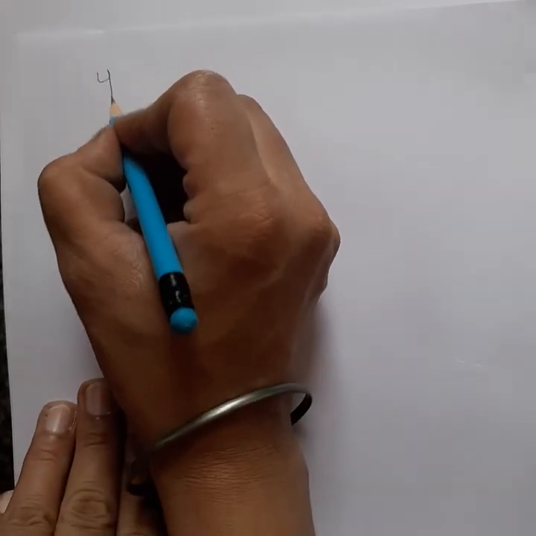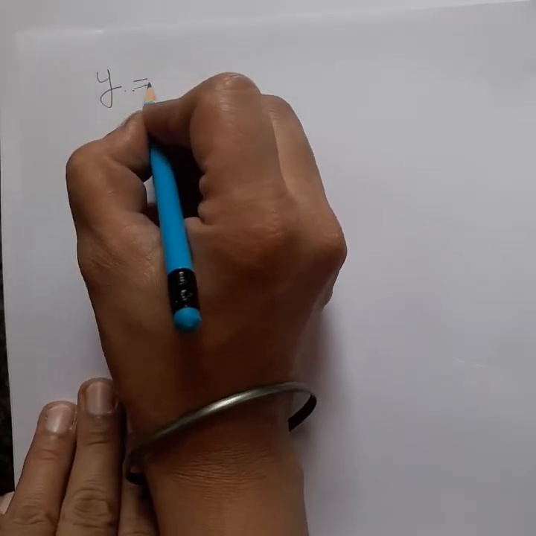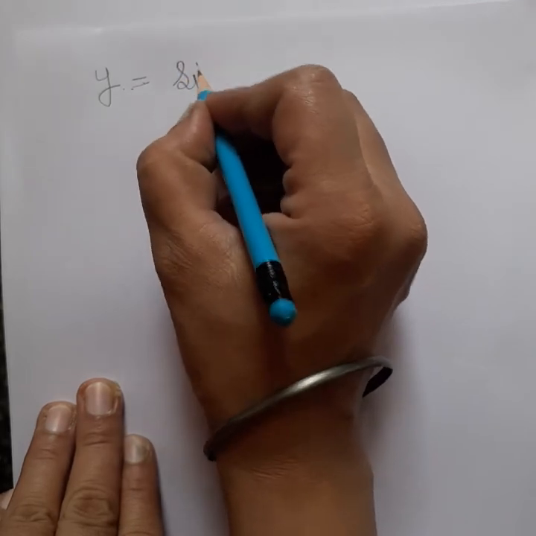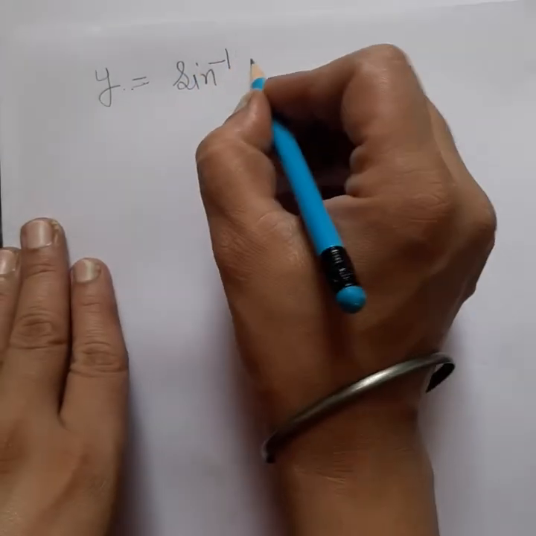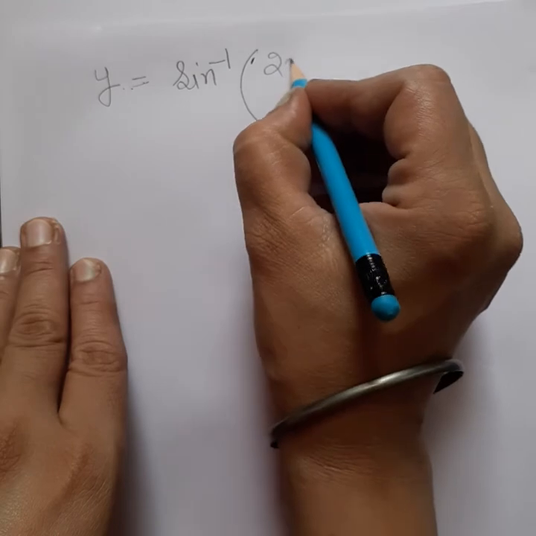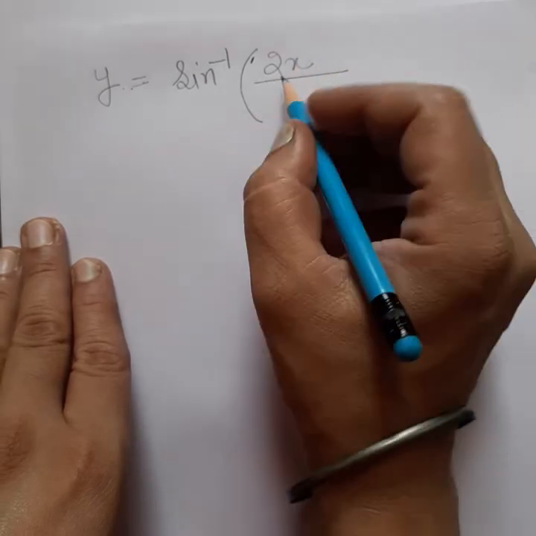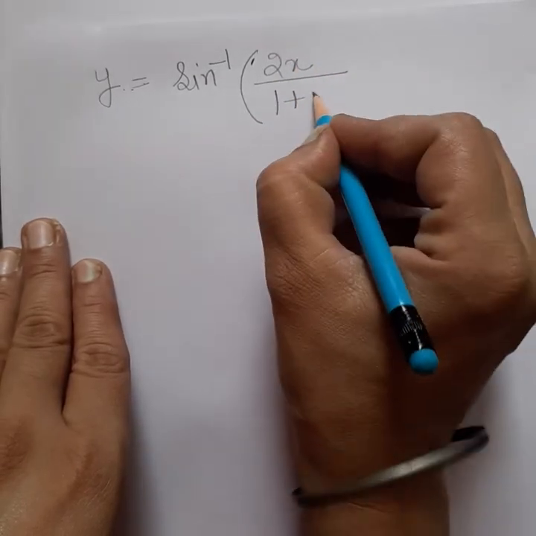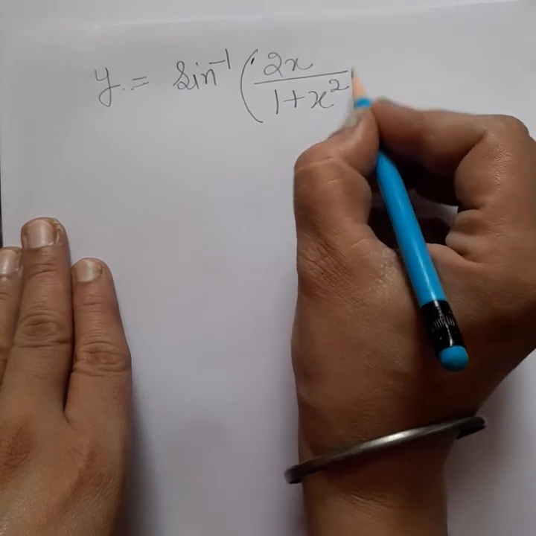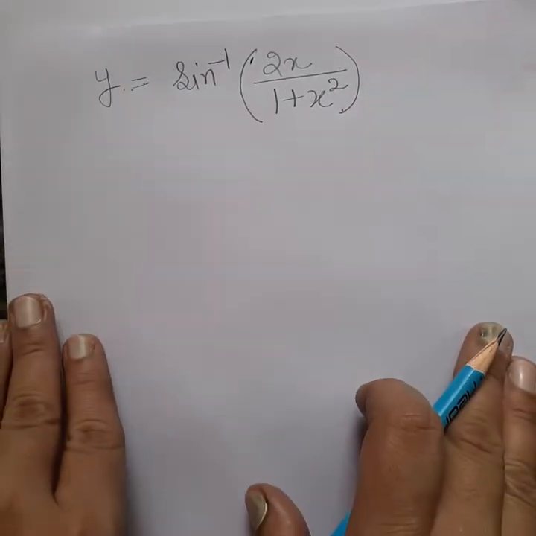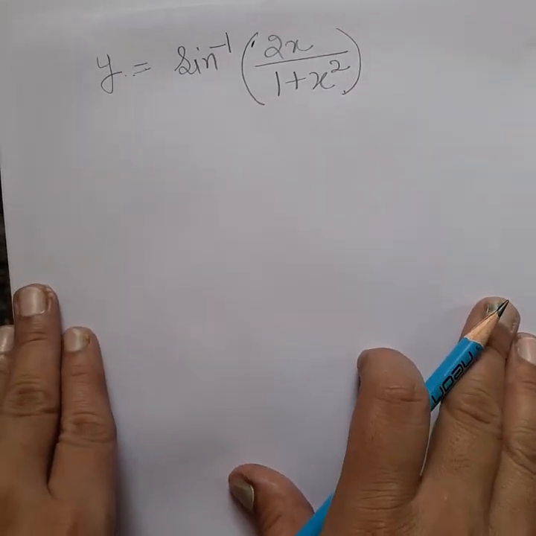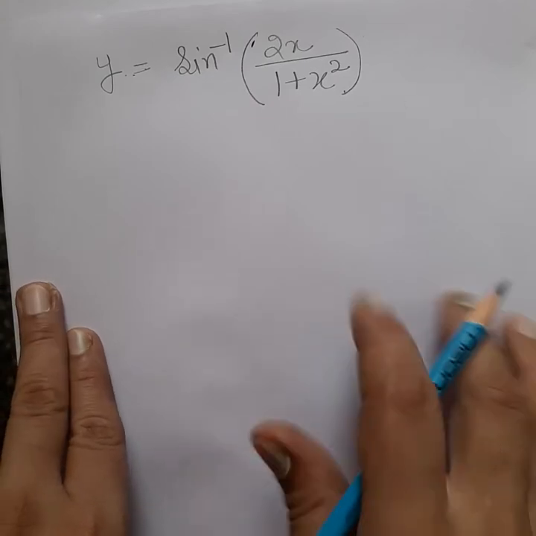First of all, let y is equal to sine inverse of 2x upon 1 plus x square. The question is we have to find the derivative of this function.